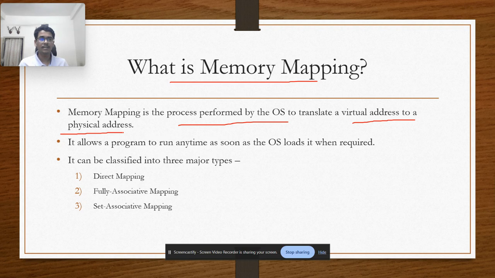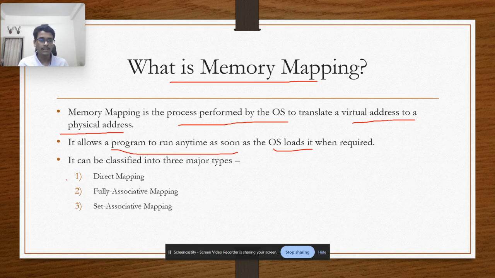So the OS is responsible for the conversion of this virtual address to a physical address, which can thus be used by the program to call the data and thus allowing the program to run anytime as soon as the OS loads it.